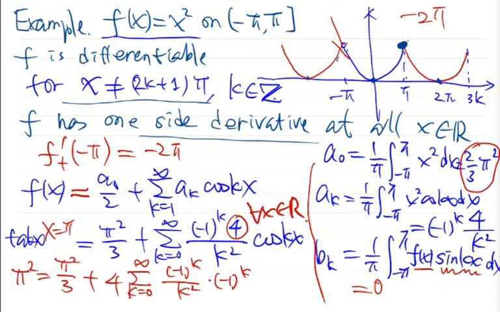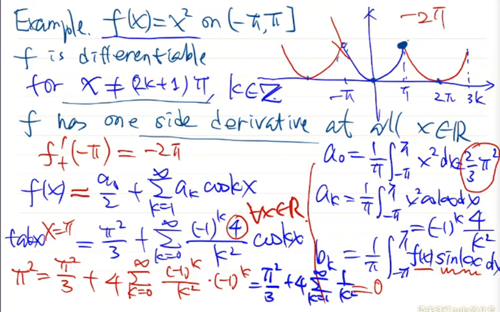So the right hand side becomes pi squared over 3 plus 4 times the summation of 1 over k squared, k from 1. So from this we can solve for the sum of 1 over k squared.